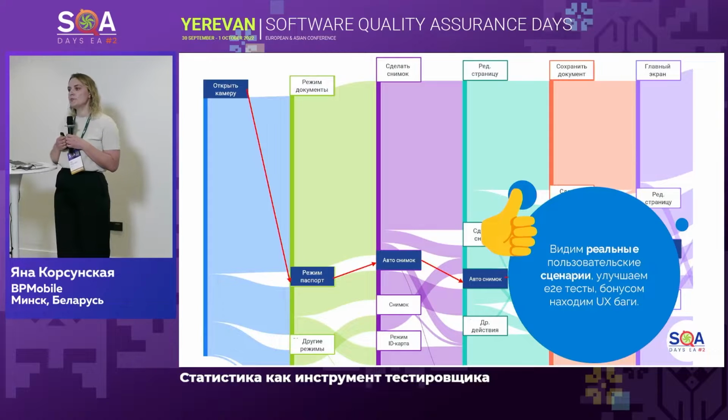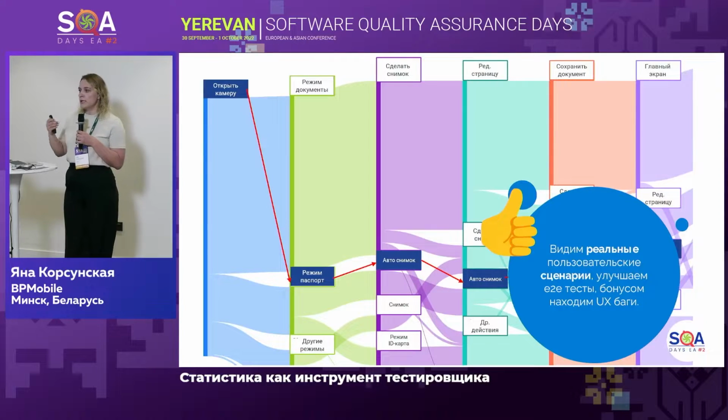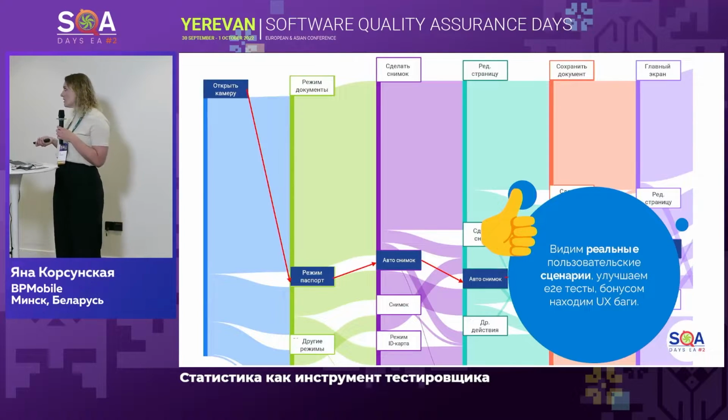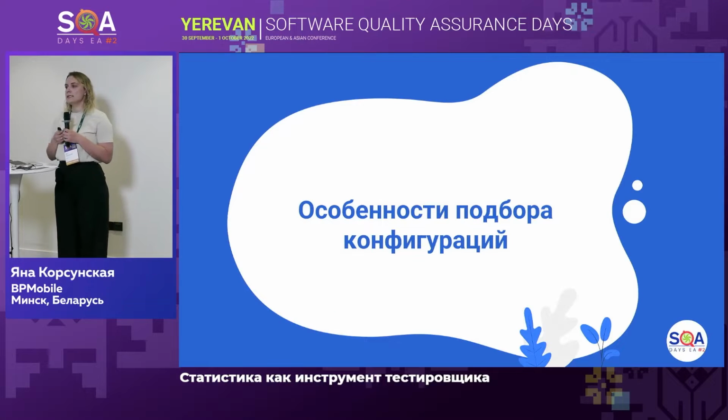If you have usability problems, streams will show it. There will be some illogical sequences, which would mean that users face problems, and you must conduct additional testing in order to understand what to do with it.